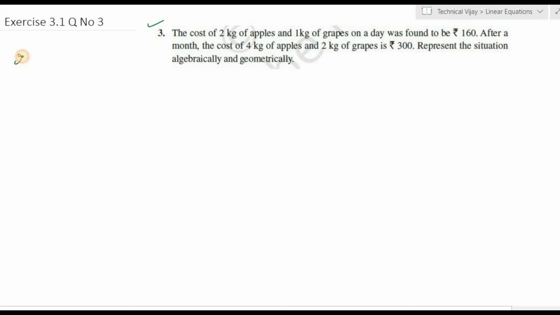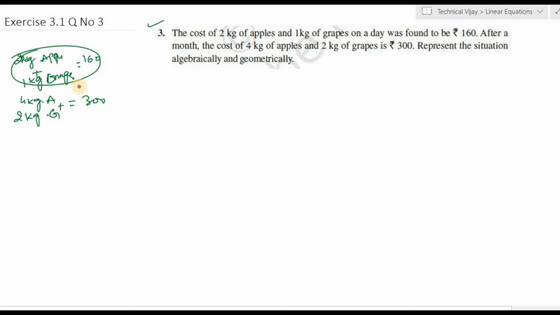That is, 2 kg apple plus 1 kg grapes is equal to 160 rupees. This is one day. And on the other day, 4 kg apple and 2 kg grapes is equal to 300. This is another day. Represent the situation algebraically and geometrically.